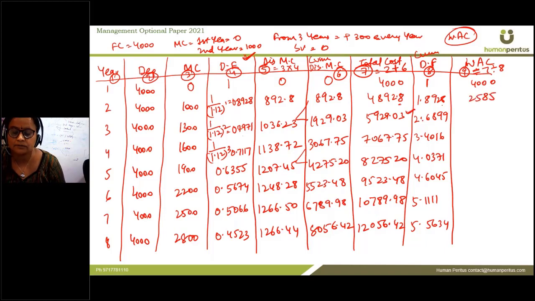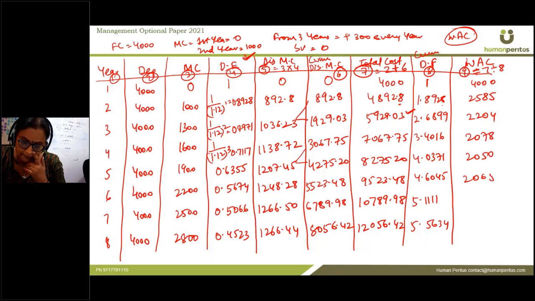Similarly, this total cost of 5929.03 when divided by 2.6899 gives a value of 2204. Next we'll be getting 2078. I'm just rounding off: 2050, then 2068, 2111 and 2168. So these are my corresponding values.